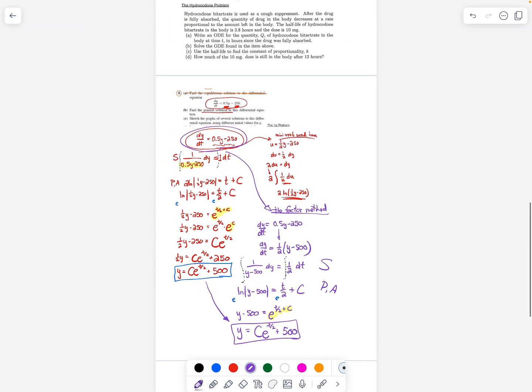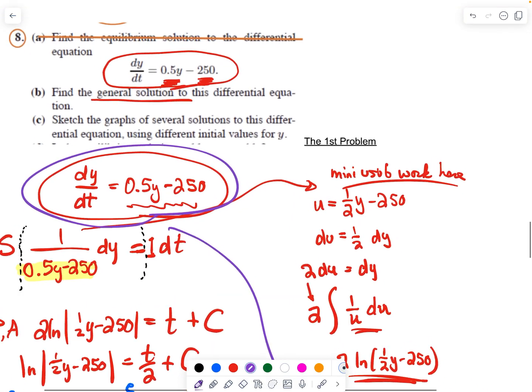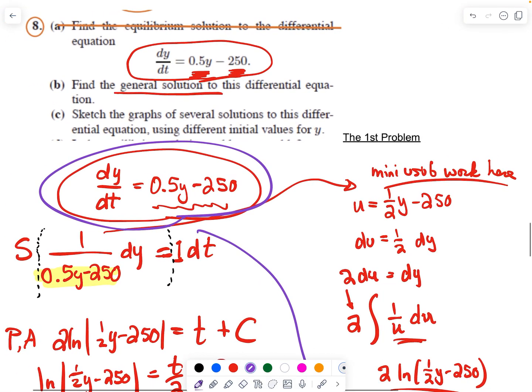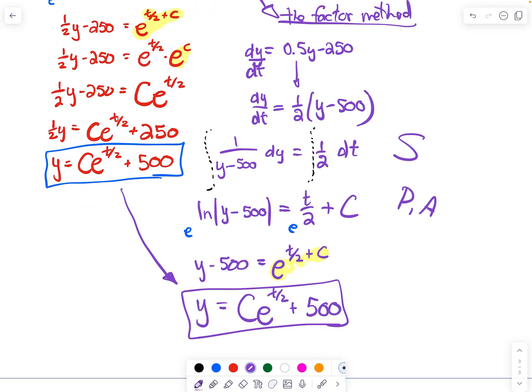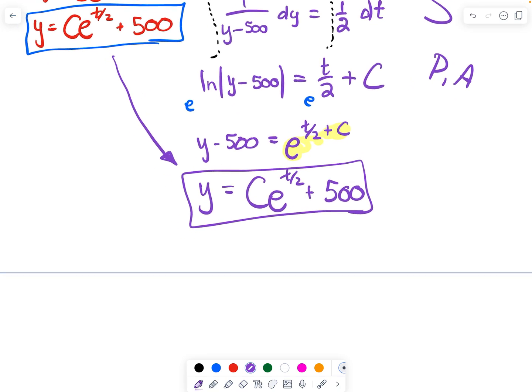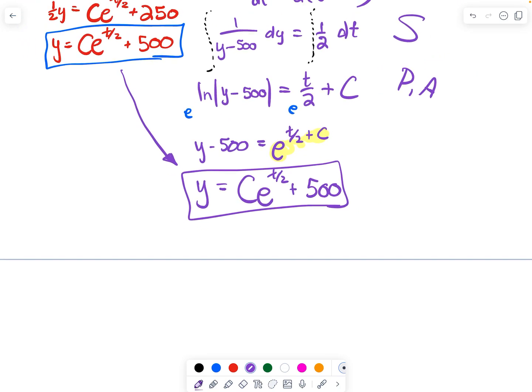Now, the second part of this problem is the application piece. Sketch the graphs of several solutions to this differential equation using different initial values for y. This is a little bit of a departure from what we've normally done. Usually you get the initial condition, but this time you try different initial conditions or initial values.